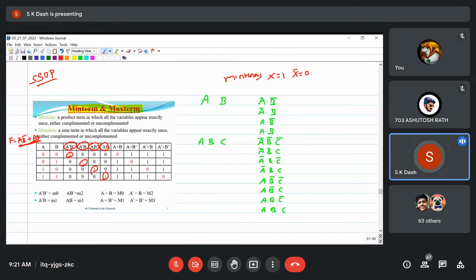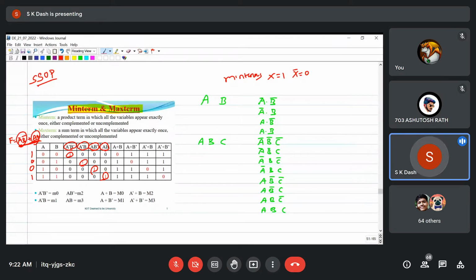Without solving anything, A bar B bar means 0 0. For that combination, my output should be 1. AB means 1 1. So this combination should be 1. For other combinations, this output should be 0, because that is the property of an OR gate. When any one input is equal to 1, then your output will be 1. And each product term is 1 for a particular combination.